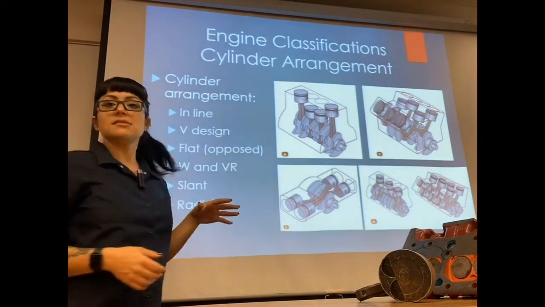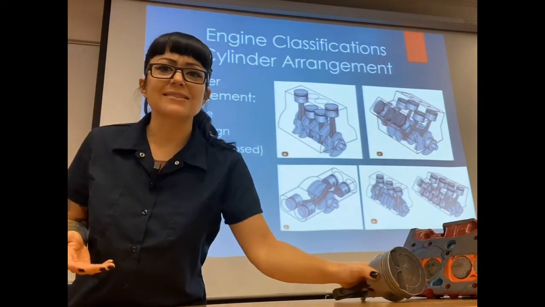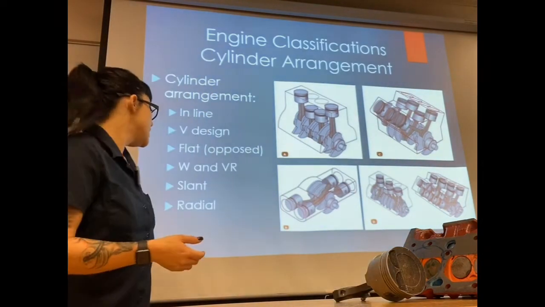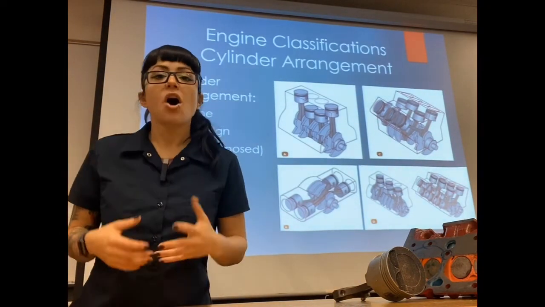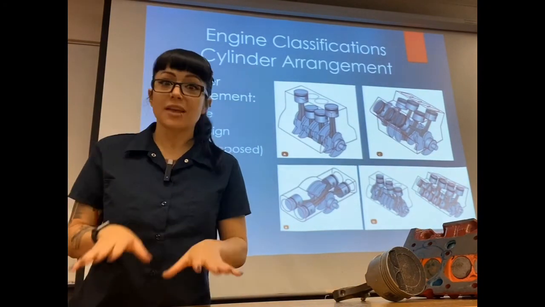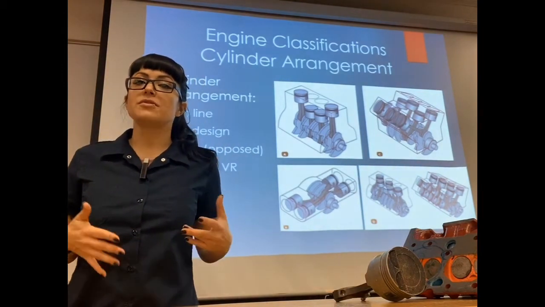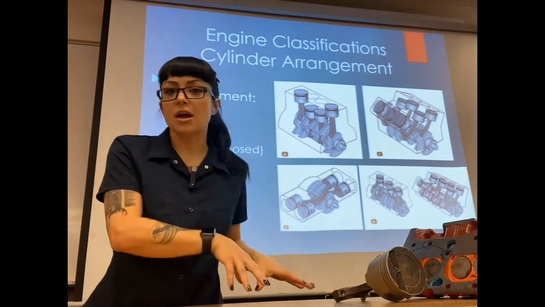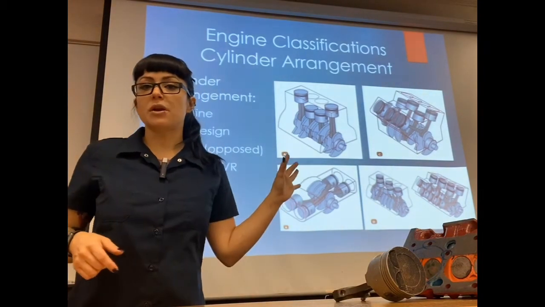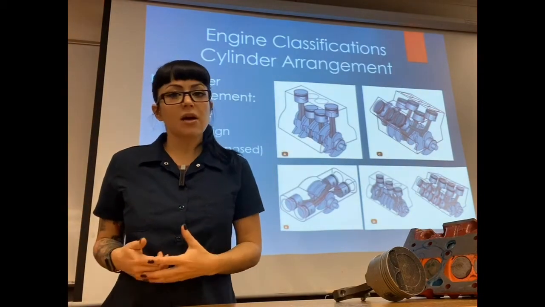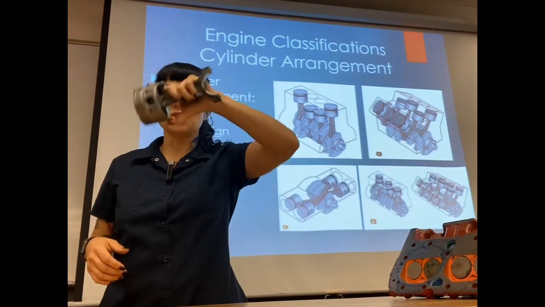There's a slant style engine, where it's like an inline, but it's just tilted. You can think of it as half of a V style engine. Then we have a radial engine. Radial engines are not used on cars, stock anyways. Radial engines are for aeronautic applications. I don't have a picture of it on here, but radial engines have pistons arranged in a circle.